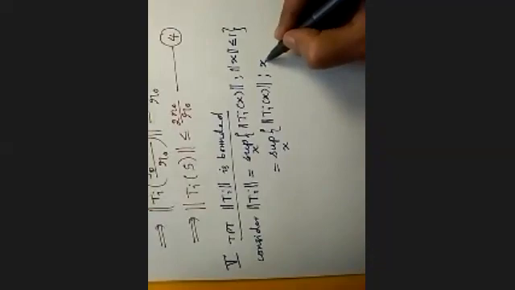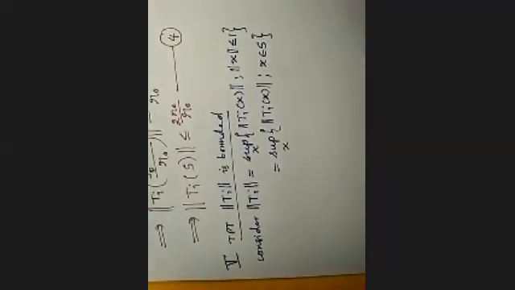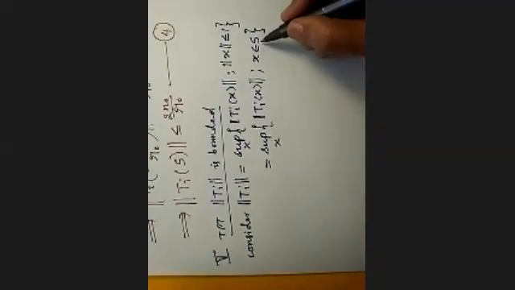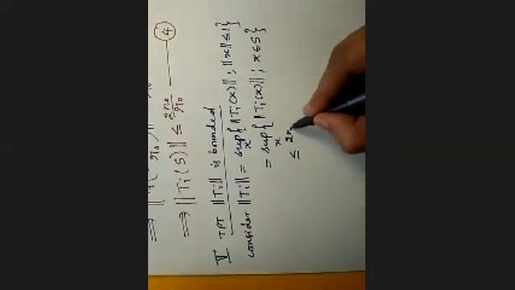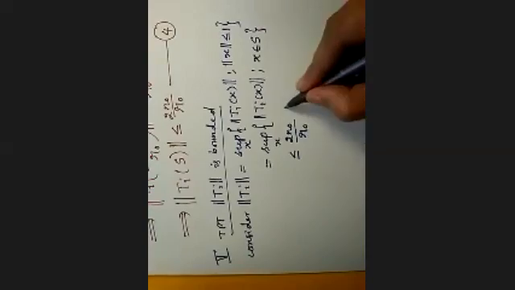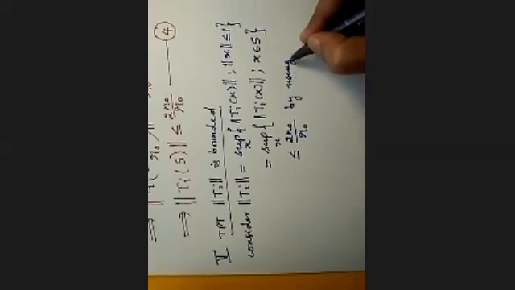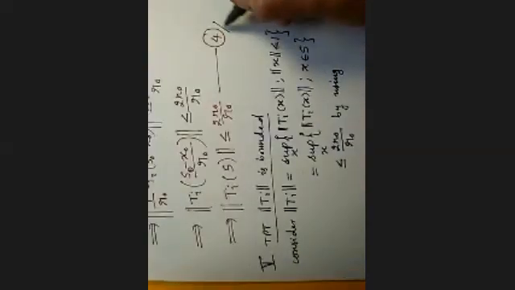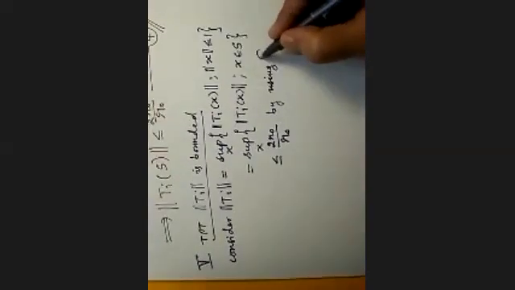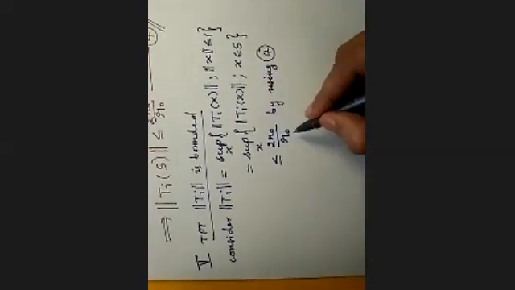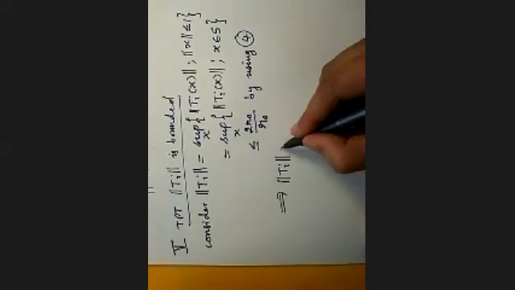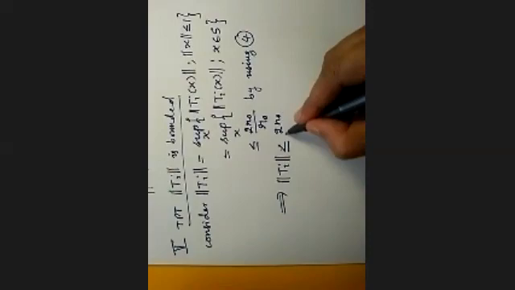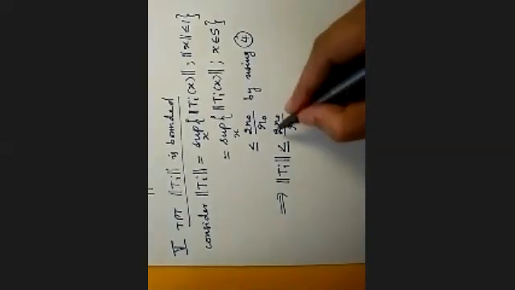That means X belongs to S. And whenever X belongs to S, using 4, we have this is lesser than or equal to 2n naught by r naught, by using equation 4. Therefore, LHS norm Ti is less than or equal to 2n naught by r naught, which is the number.